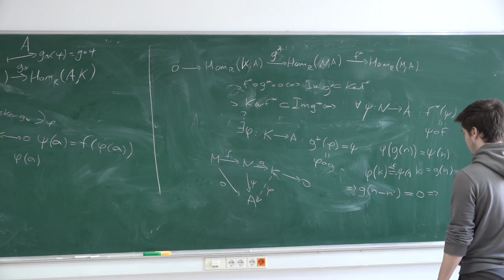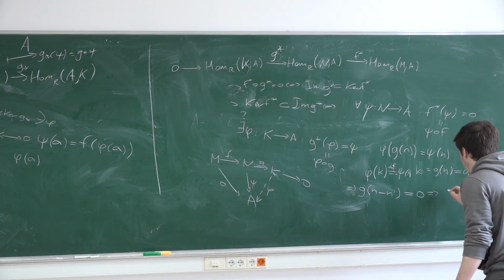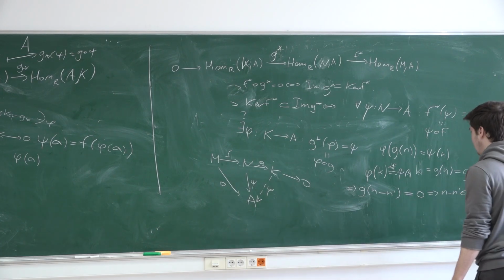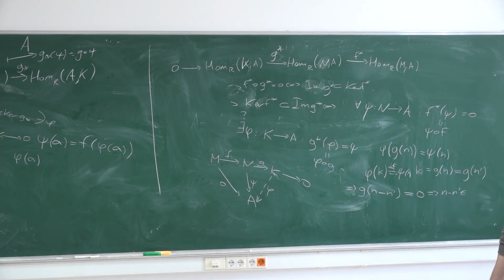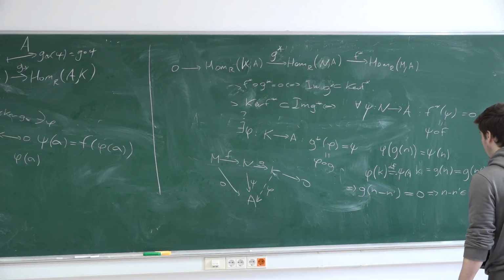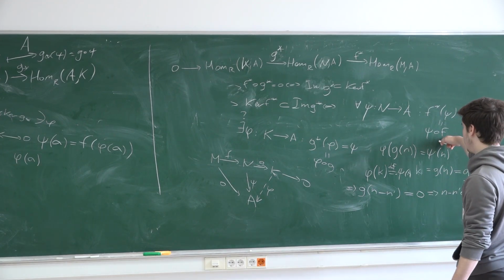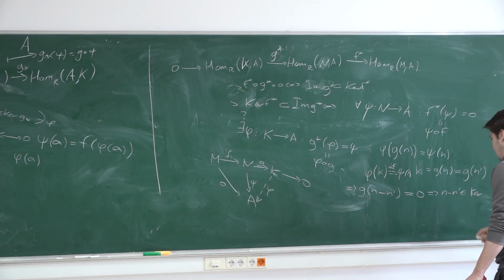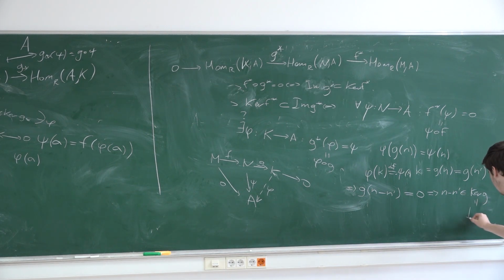Then this means that it lies in the kernel of G. This is the image, and then the exactness of the original sequence.